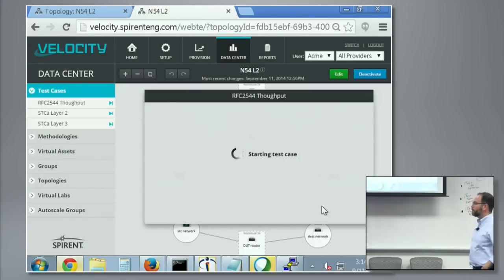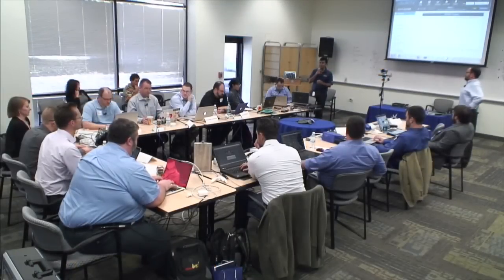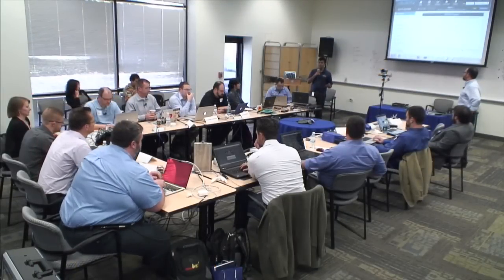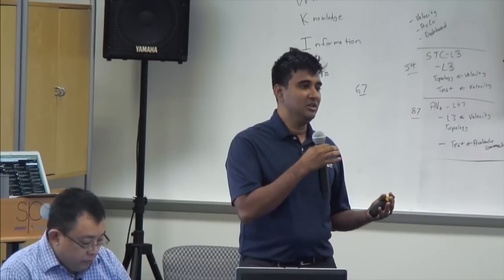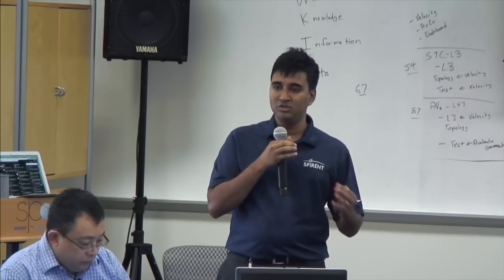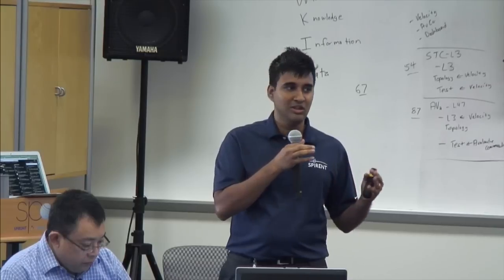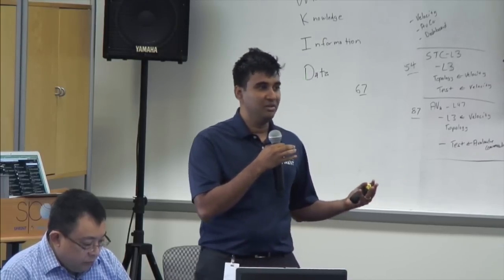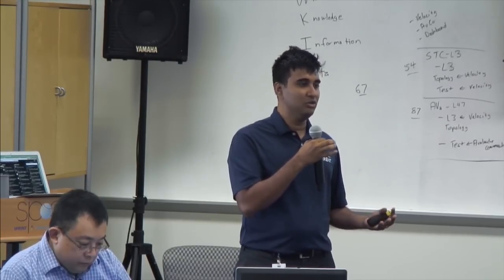Someone here mentioned a lot of FUD about virtual routers and virtual networking devices, right? So with this platform, Velocity, what we'd give you is the methodologies. We'd give you the topology. Let's say the DUT, the device, is a router. We would give you the topologies that you need to test it on. We'll give you the test cases that you need to run. We'll give you the tools that will generate this test traffic. We'll also give you the devices that are going to absorb and analyze the traffic and give you the results.